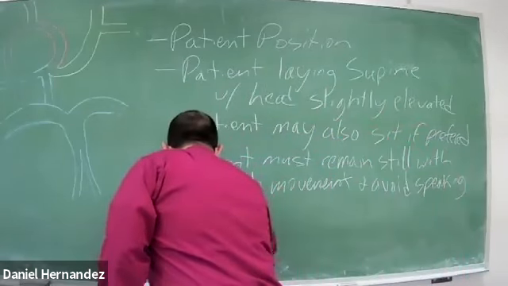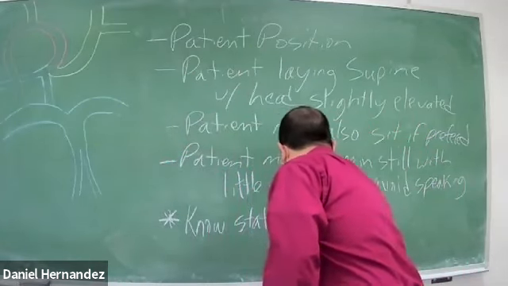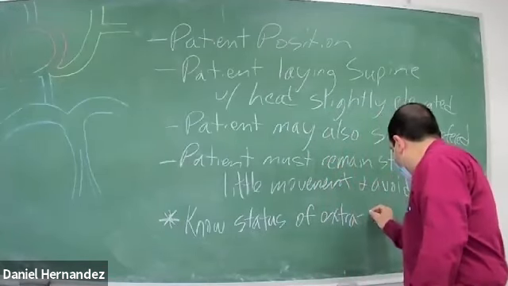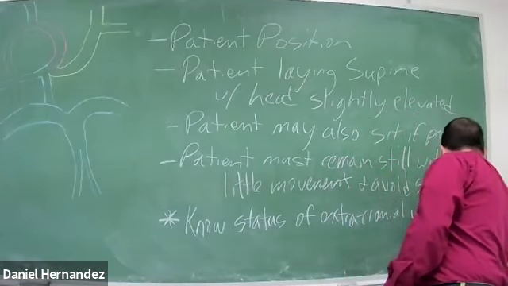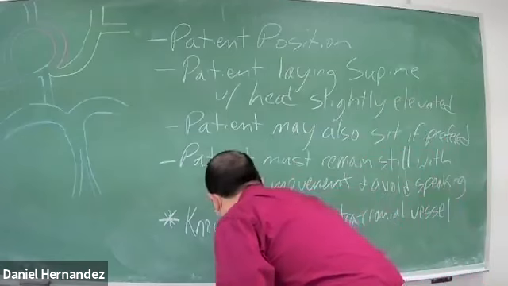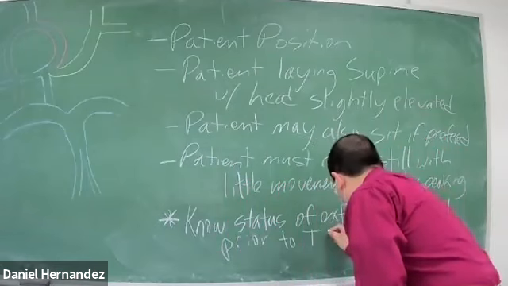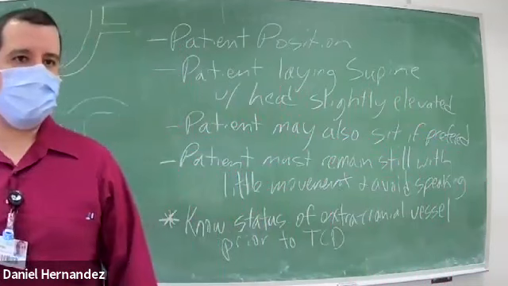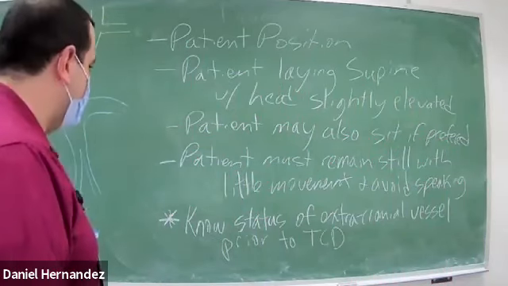So know the status of extracranial vessels prior to TCD: your ICA and vertebral arteries, your ECA.